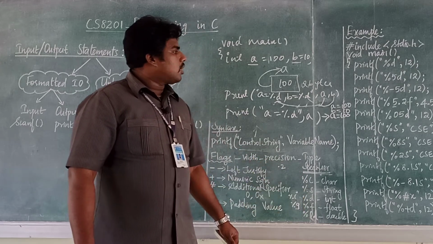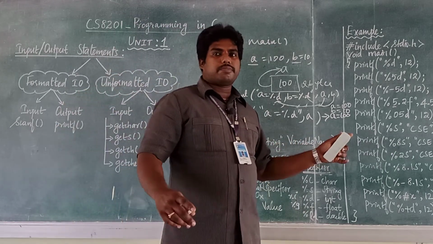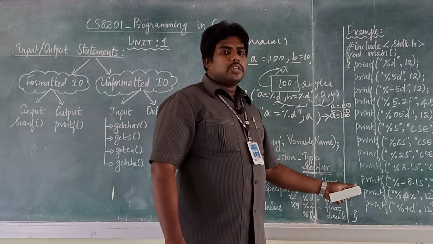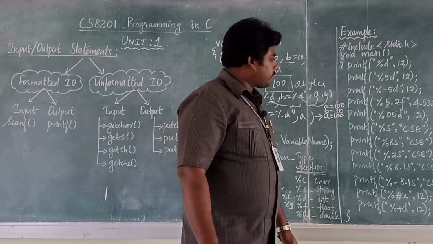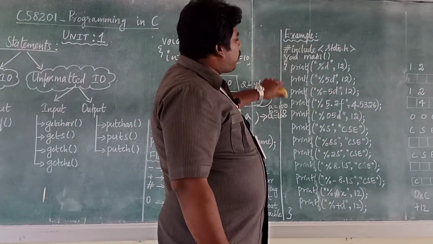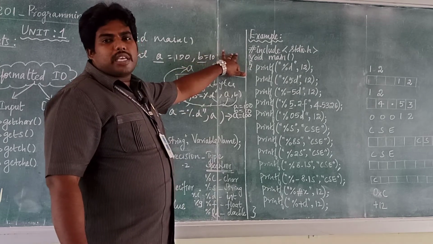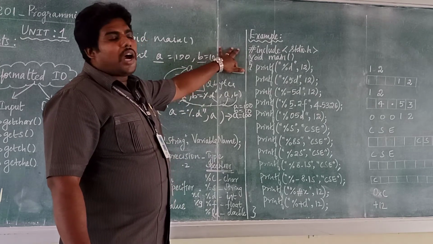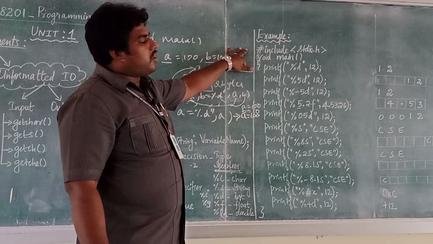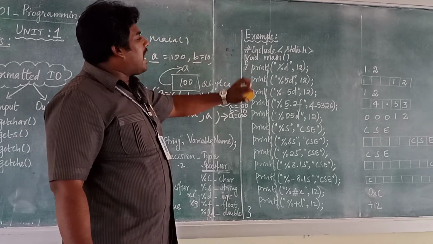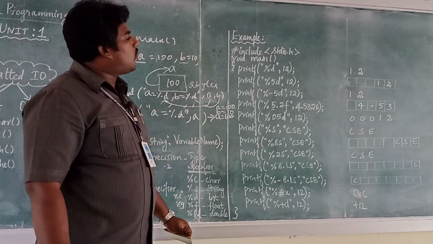All of you got it? Now I will explain with an example, so you will get a clear idea. First, what's the structure of a C program? At first, you have to give the header files. Here I am adding the header file as include stdio.h.